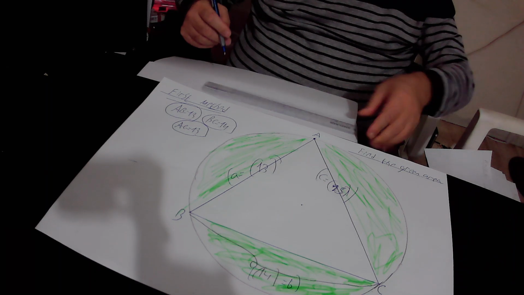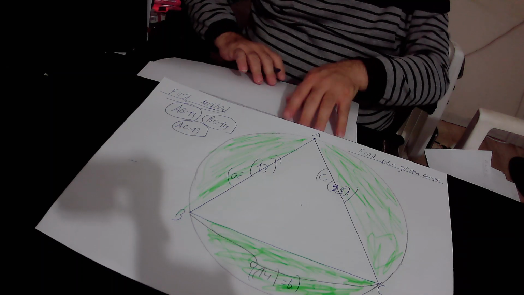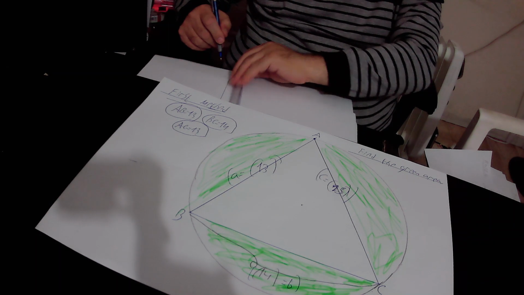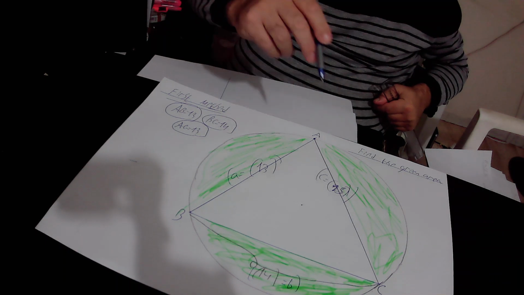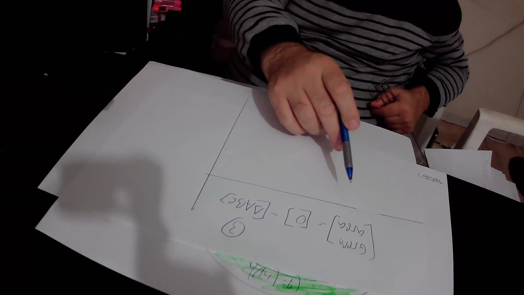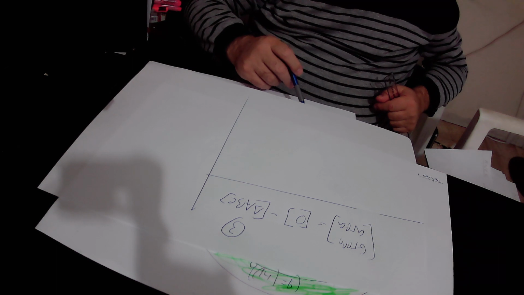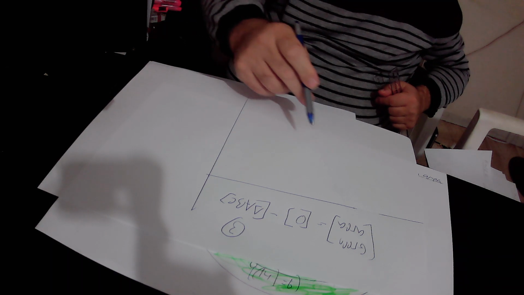Repeat again. From the drawing it is very easy to see that the area of this green shape equals the area of the circle minus the area of triangle ABC.